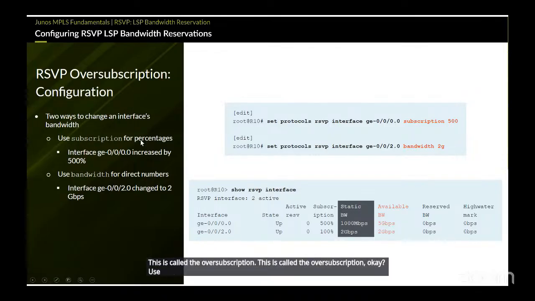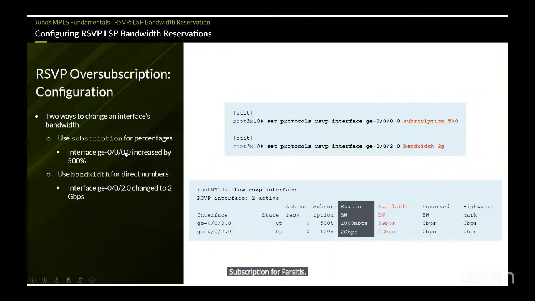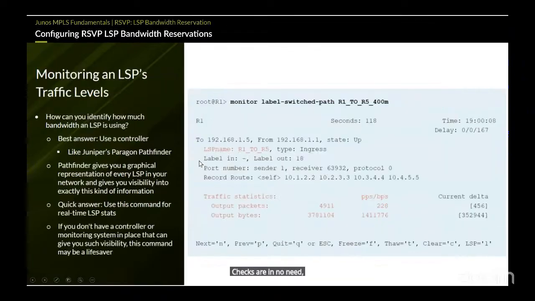Use subscription for a percentage: interface name, increased by 500%. Use bandwidth for direct numbers: that is 2 Gbps. 500 means 5 Gbps. The 5 Gbps and 2 Gbps are directly defined. Actual bandwidth is this, but your subscription is this. You can configure oversubscription. Actually, basically no need to configure oversubscription.